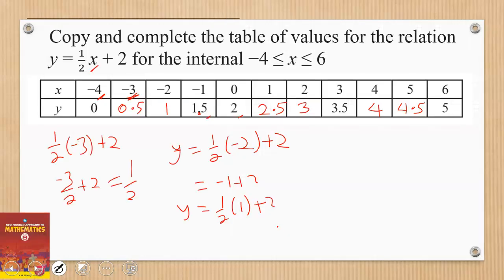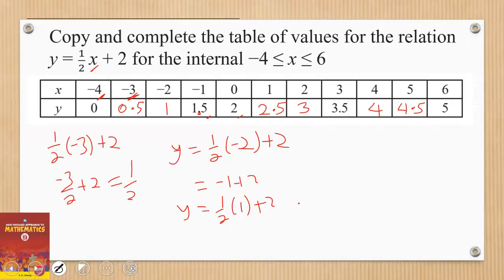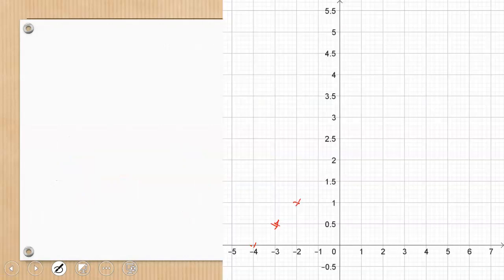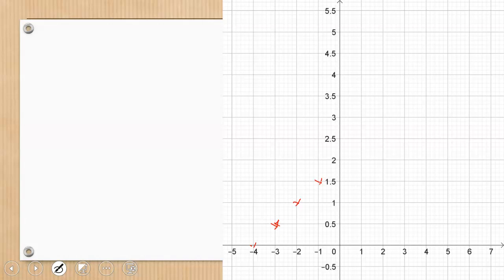Then negative 2, we plot 1. Negative 1, we plot 1.5. Then 0, we plot 2.